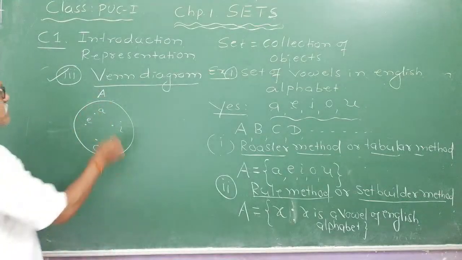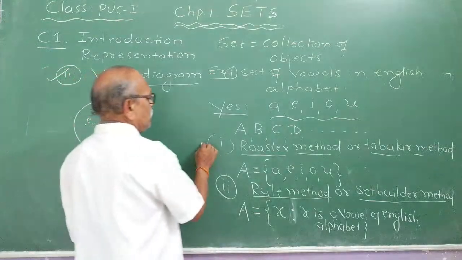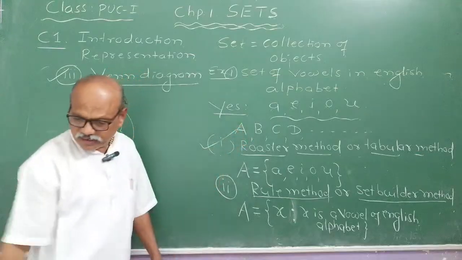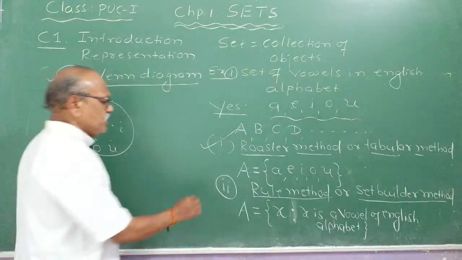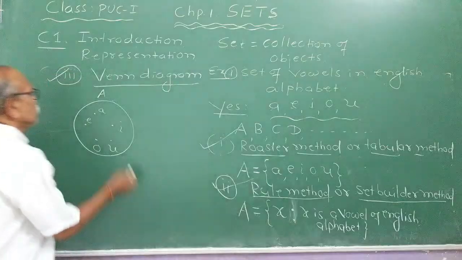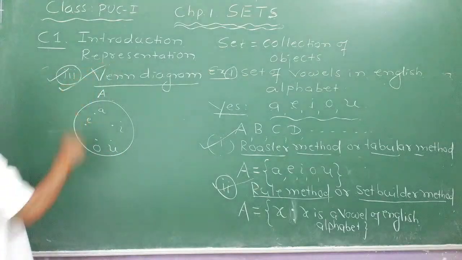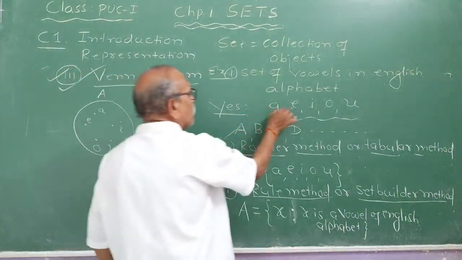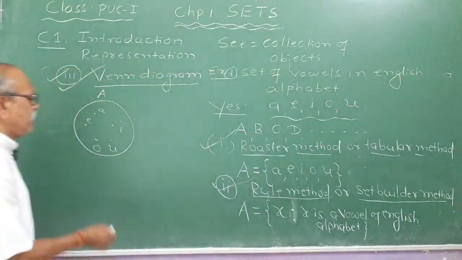There are three methods mainly to represent the set. A set can be represented either by using the roster method, or by using the rule method, or by using the Venn diagram method. There are three methods of representation of the set, and every member of the set is called an element of the set.